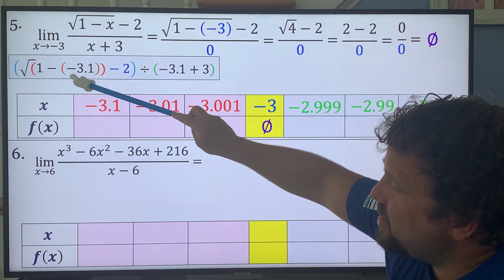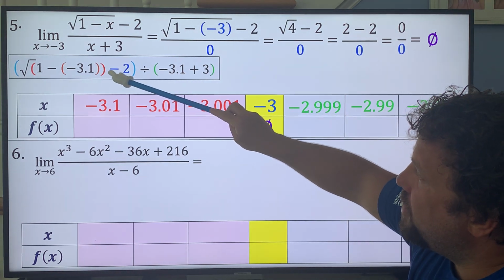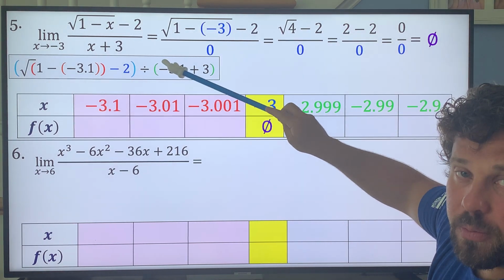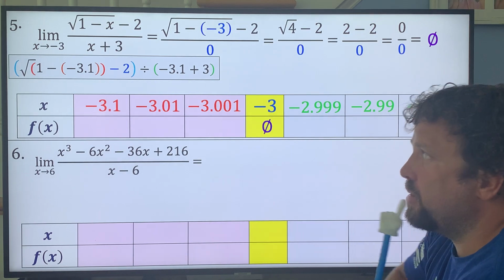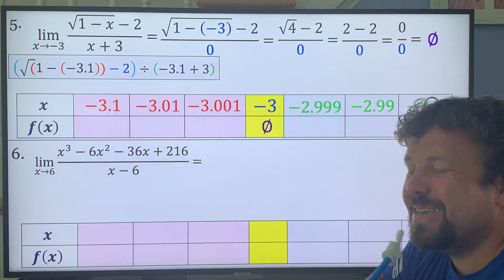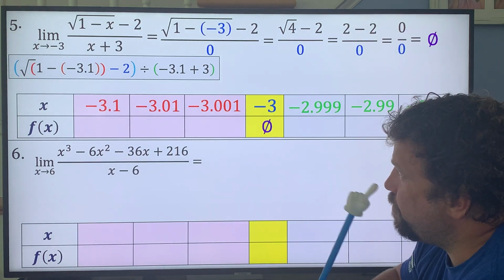If you want to just make this a plus, you can. Close parentheses for the radical, minus 2, close parentheses for the numerator, divided by open parentheses, negative 3.1 plus 3, close parentheses for the denominator. Once again, you have to have parentheses open for the denominator, parentheses open inside the radical, and then parentheses for when you use the negative number.